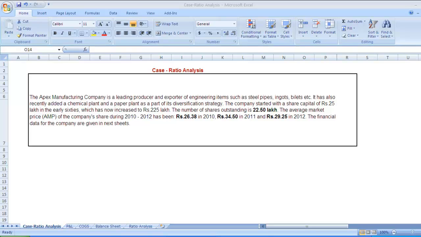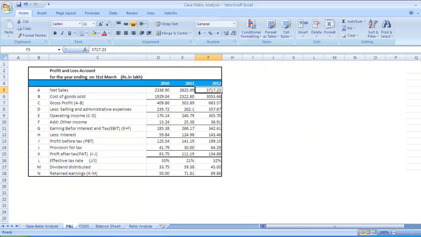Next, we'll click on the P&L sheet. So this is the profit and loss account. You can see net sales, cost of goods sold, then gross profit, and this is an abridged profit and loss account. We can see it for 2010, 2011, and 2012.